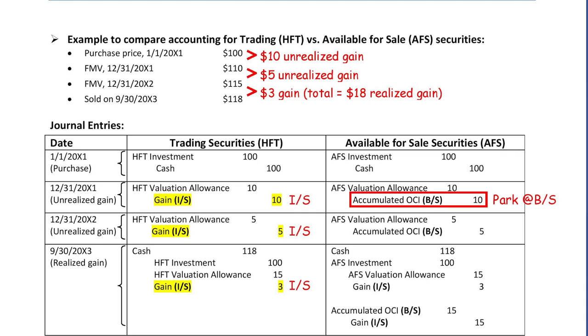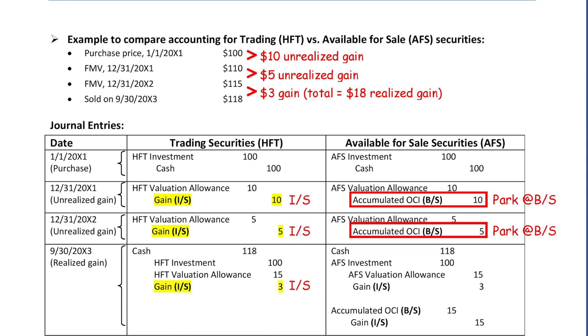Again, the $5 unrealized gain in year 2 goes into accumulated OCI, put a box around it, and right there, park at balance sheet. So guys, look at the difference between trading and available for sale securities.